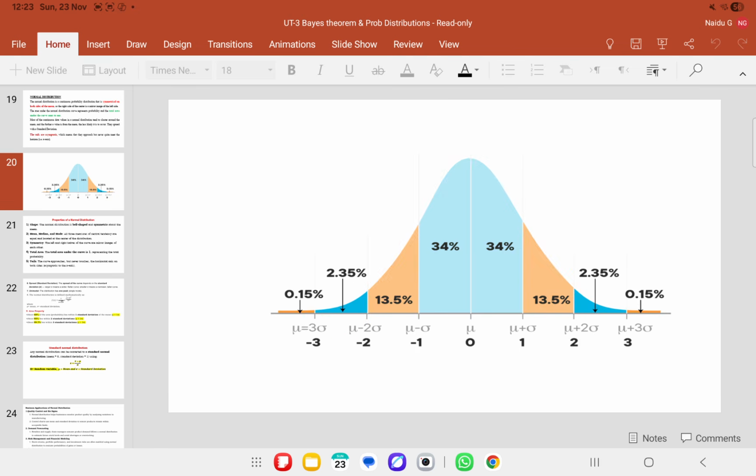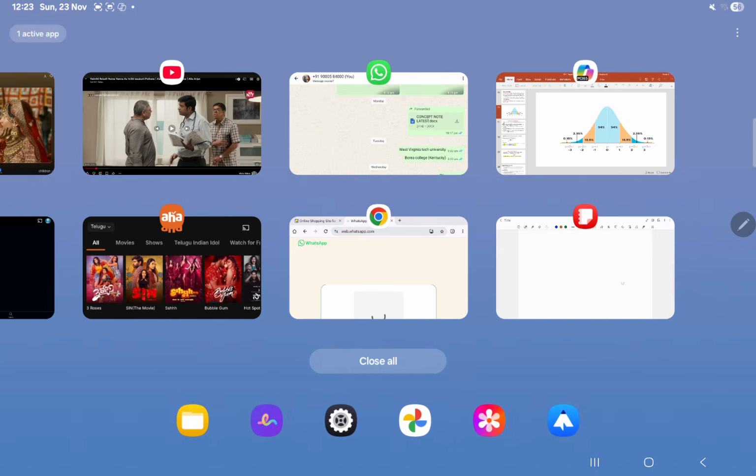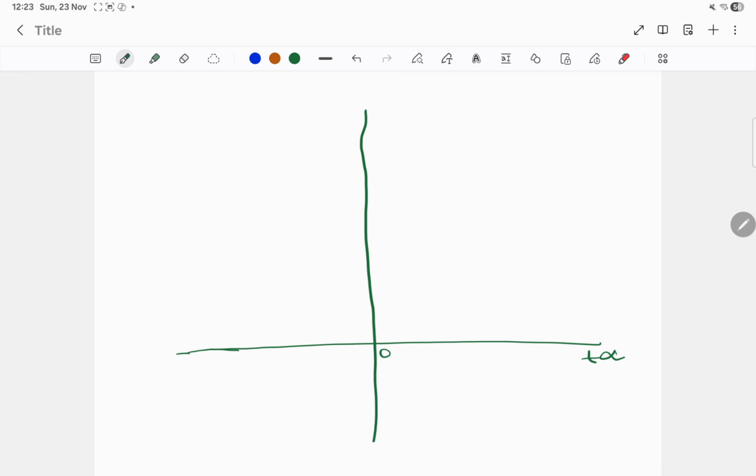Coming to the first one, suppose you are doing an experiment and you have already collected the data, and you plot all the collected data on a graphical sheet, where the sheet has positive values towards the right and negative values towards the left, and your data may plot like this.